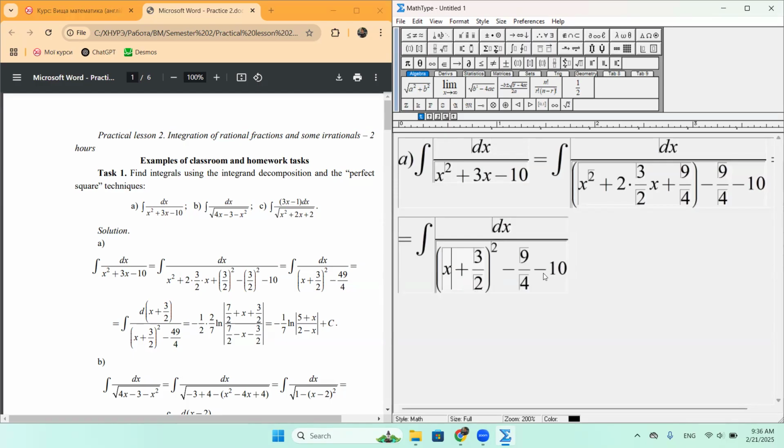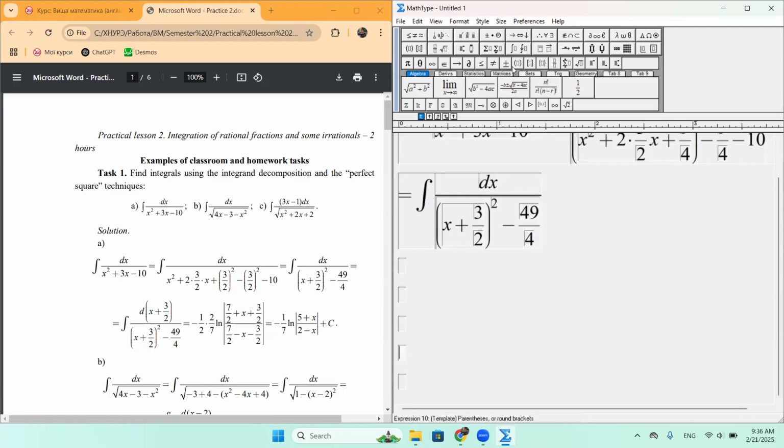So the same. And minus 9 over 4 minus 10, so minus 40 over 4, it will be minus 49 over 4. So it will look like this, and it is similar to the following table integral.